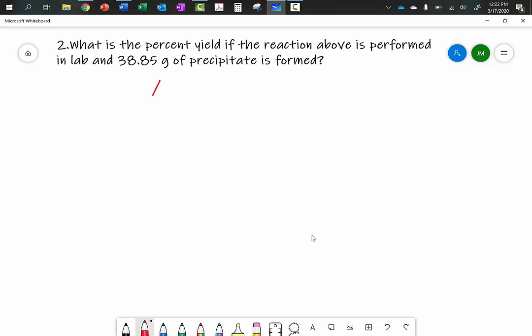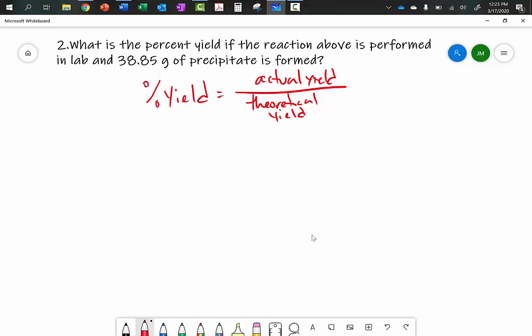So my percent yield is equal to my actual yield, this is what I'm actually producing in the lab, over my theoretical, and my theoretical yield is what I calculated using stoichiometry.